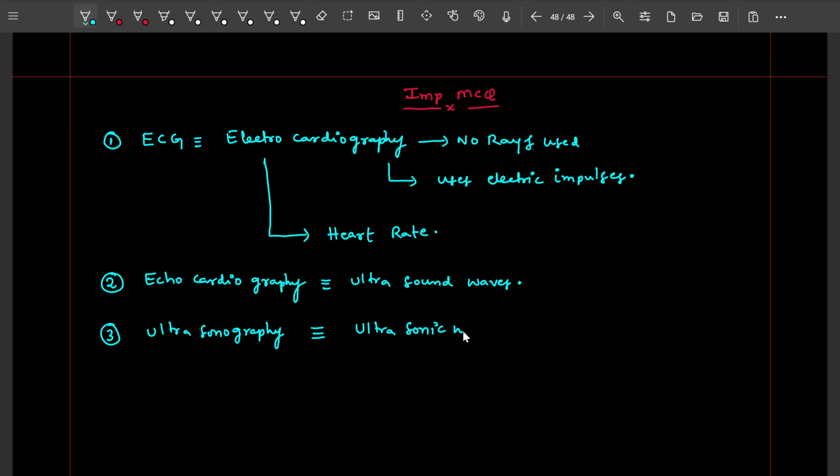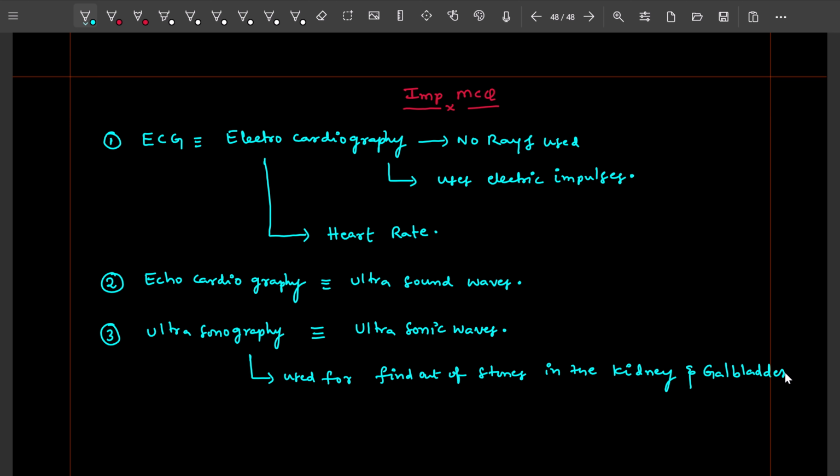It is used to find stones in the kidney and gallbladder.